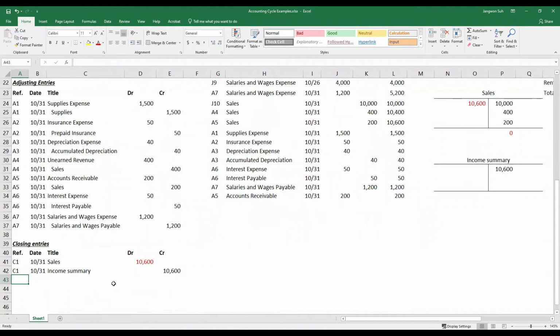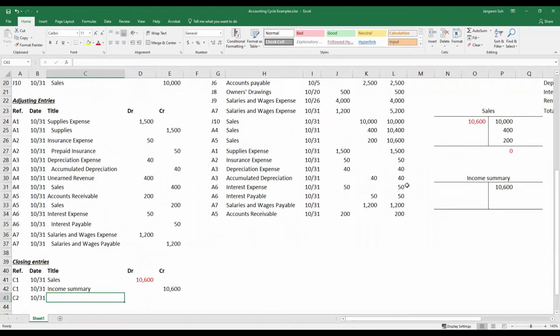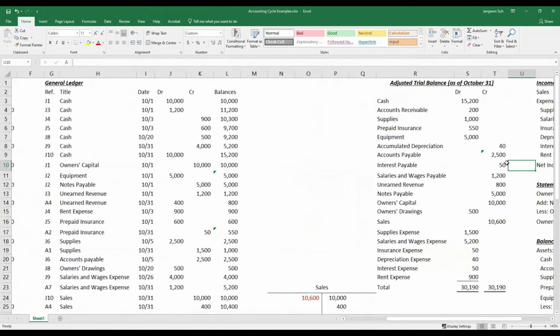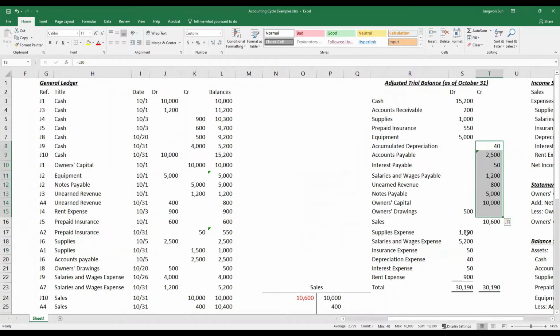Okay. Cool. Then what's next? Let's close the expense accounts, all of them. Okay. Where do you see expense accounts? Expense accounts are found on the debit side, right?